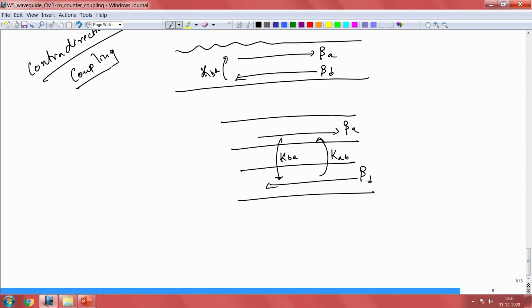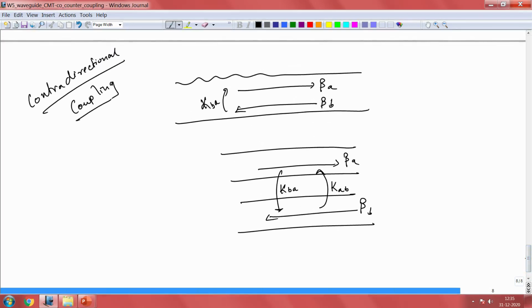Because the coupling has to happen, we said there should be a perturbation, but in the case of counter-propagating wave coupling, the perturbation has to be severe.